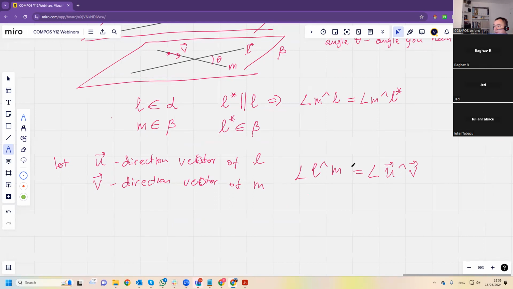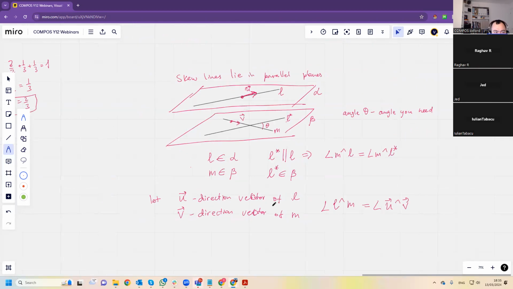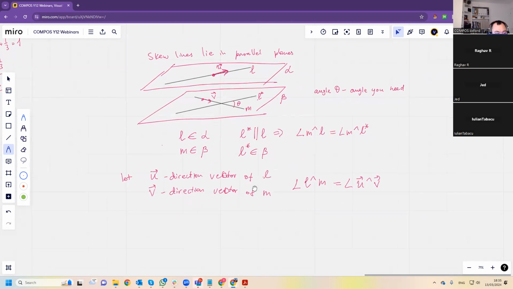It might sound hard, but actually it's not. All you need is to find any vector parallel to L, any vector parallel to M, and then find the angle between them. Does that make sense?